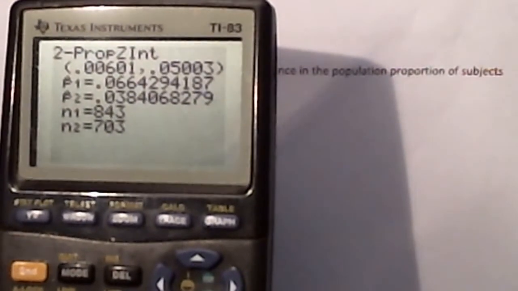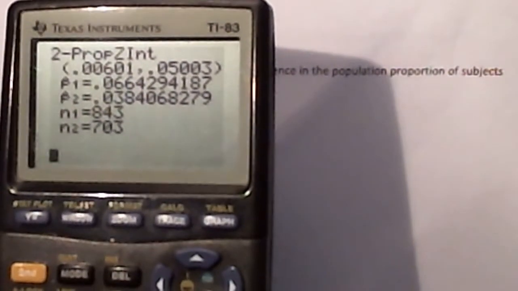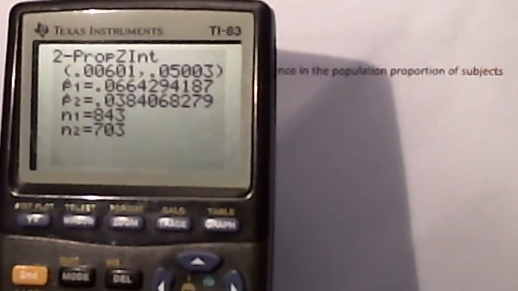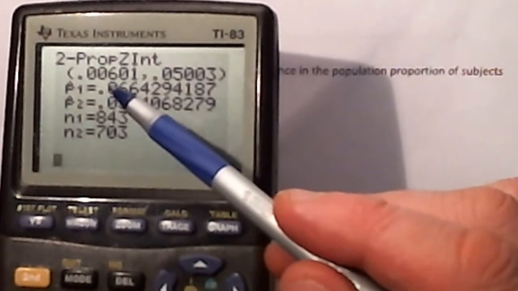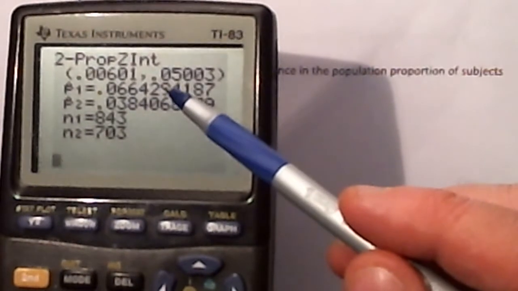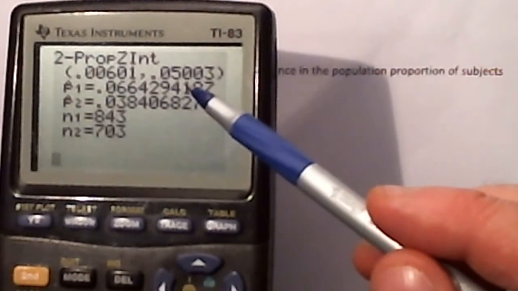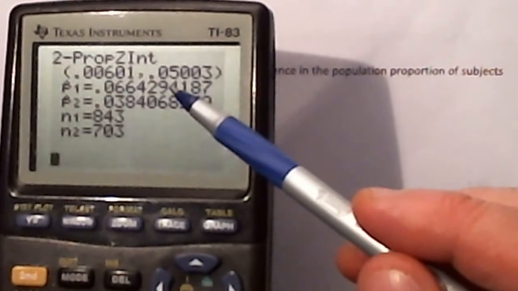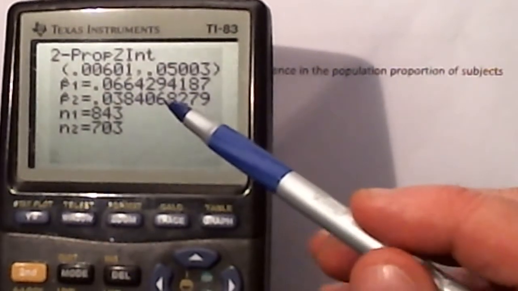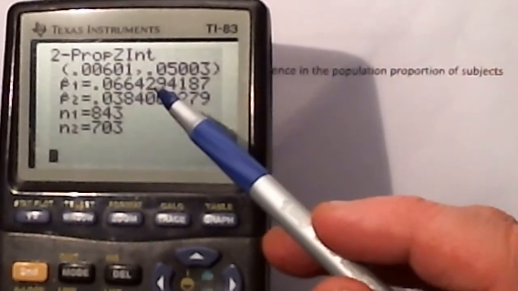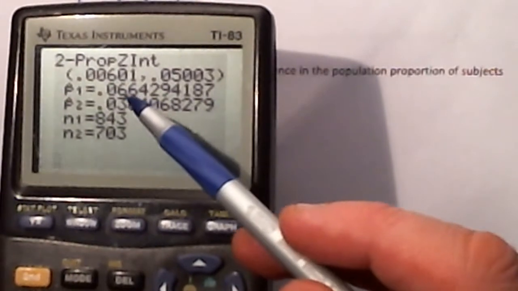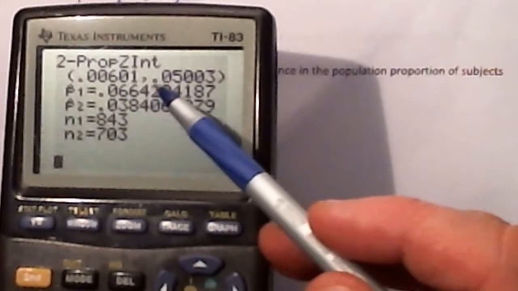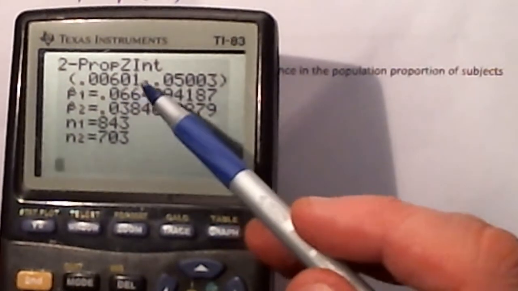All right, so that is our confidence interval here, which has a lower end point of 0.006 and an upper end point of 0.050. Okay. Now, ladies and gentlemen, this is of critical importance here. Notice that both endpoints of this confidence interval are positive.